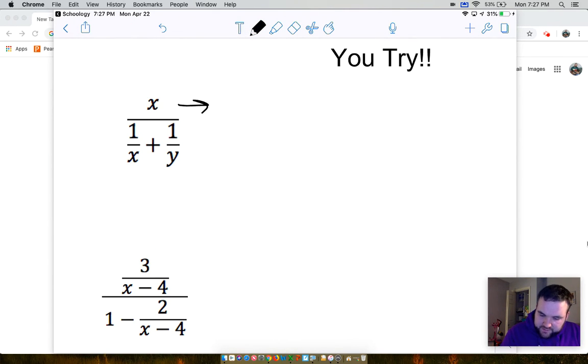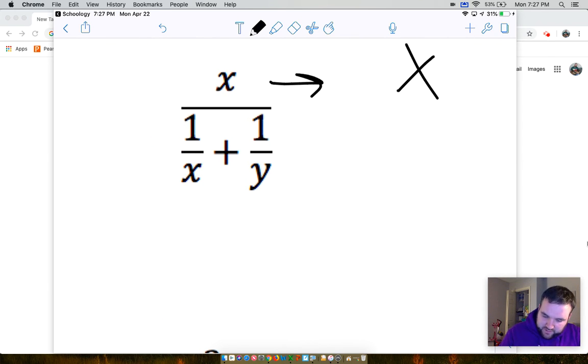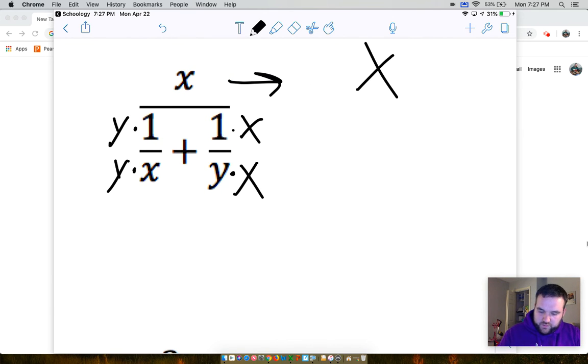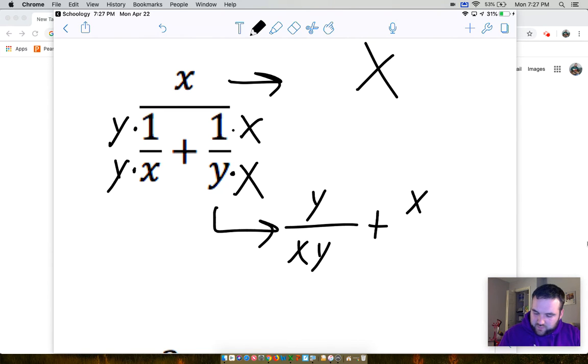Nice thing about this fraction, the numerator isn't a fraction, it is just x. So that's the top part's done. Here on the bottom, I see x and I see y, so xy is going to be my common denominator. So then what happens here is I end up with y over xy plus x over xy.